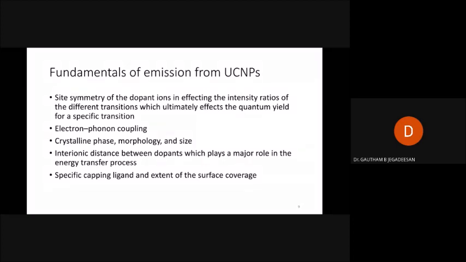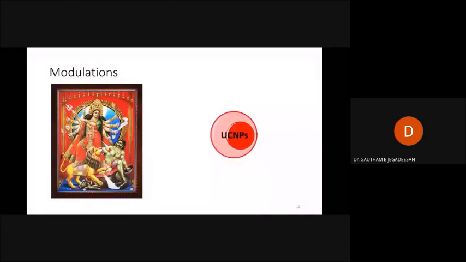Right. And coming to the modulation, you can see on the left-hand side, the goddess has various ornaments and objects in her hands, which are for various applications. Similarly, we can also modify the surface of the upconverting nanoparticle using different functional groups. You can introduce various functional groups like hydroxide, amine, acid, amide, and so on.